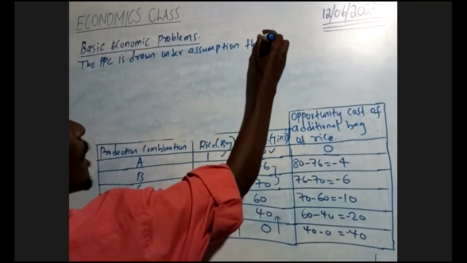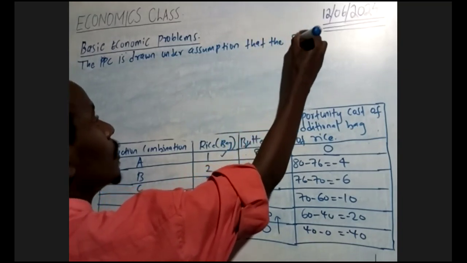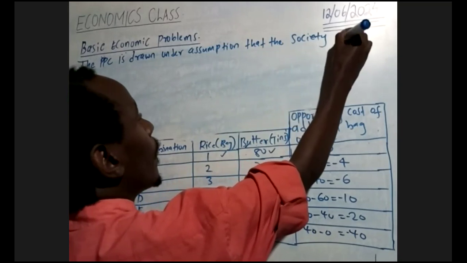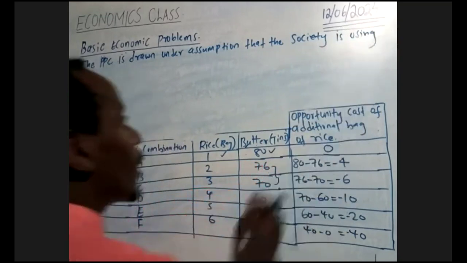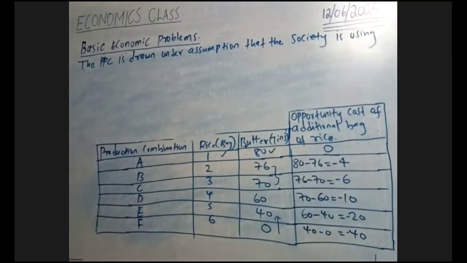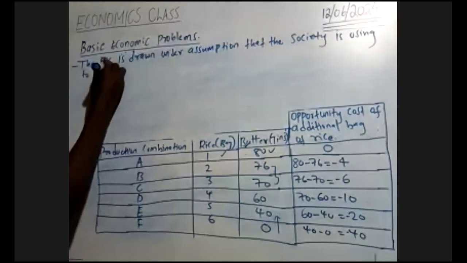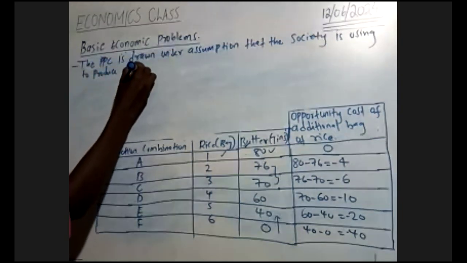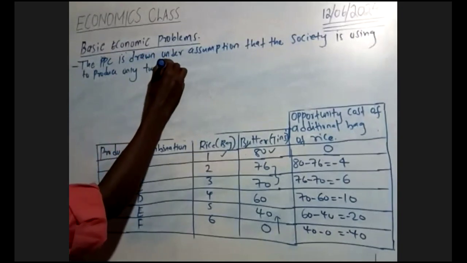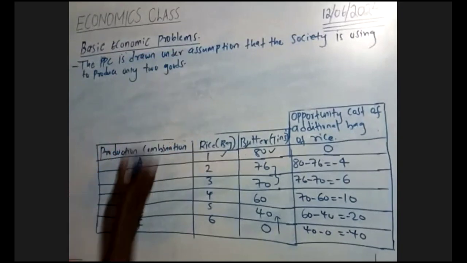So the PPC is drawn under the assumption that the society is using all its resources to produce only two goods. That one is correct.